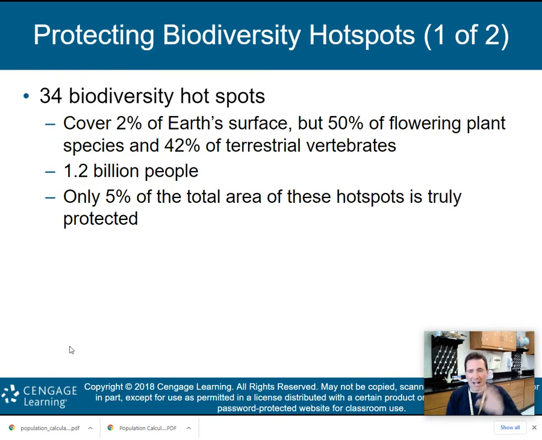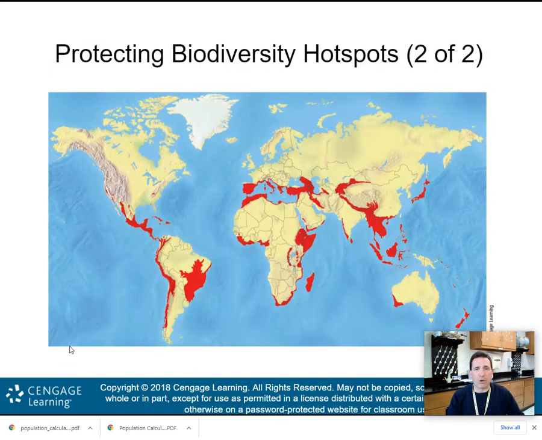If you think about those numbers, you can think about how important they are. They only cover 2% of the surface, but almost 50% of flowering plants and over 40% of terrestrial vertebrates live in that 2% of Earth's surface that are in these 34 biodiversity hotspots.